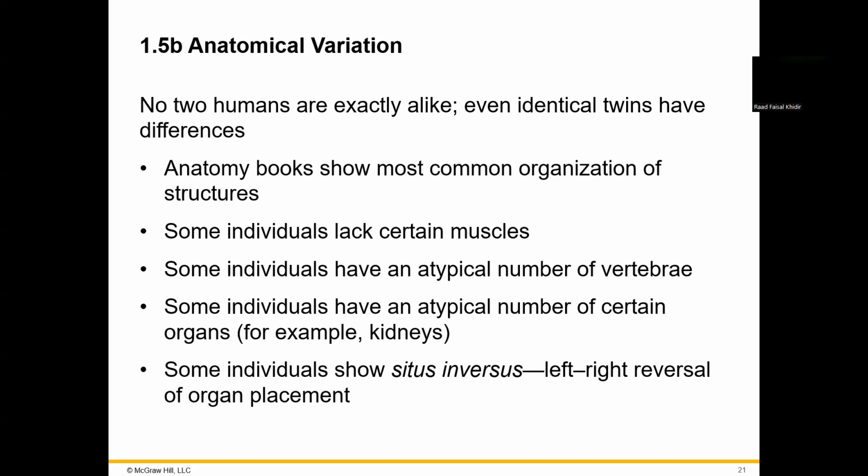In the left hypochondriac region, you have the spleen. In some people, it's reversed. The spleen is on the right side, the liver is on the left side. So as a surgeon, you want to do a surgery, you can't say, well, I don't know, we only used to do surgery on people that have a liver on the right side. No, you have to study the anatomical variation.